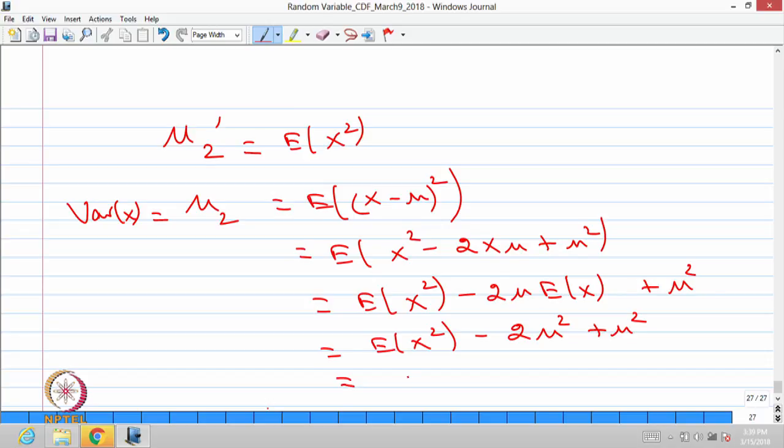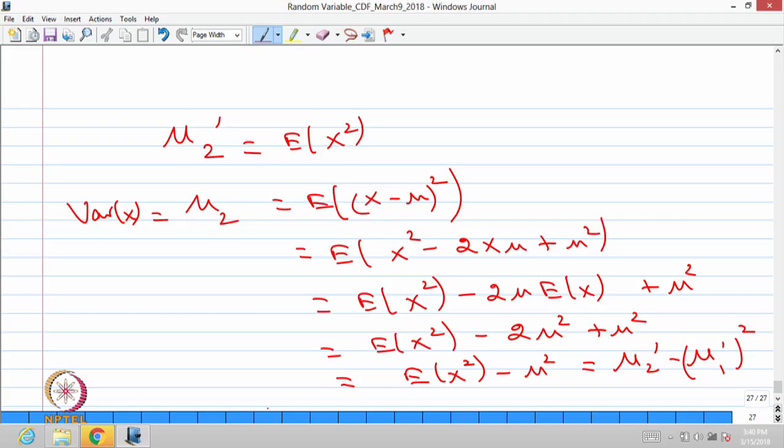So, that is same as expectation of x square minus mu square, that is same as mu 2 dash minus mu 1 dash. That means mu 2 is nothing but mu 2 dash minus mu 1 dash the whole square. So, that means one can write central moment about the mean in terms of central moment about the origin.